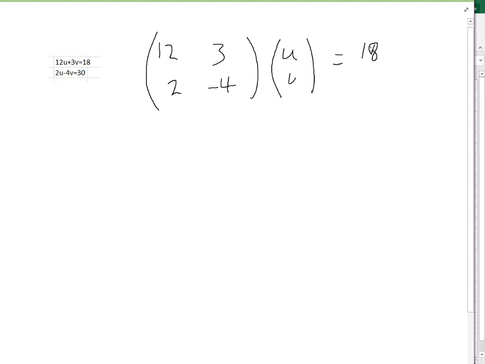So to solve this, let's do the first one by a matrix method. So you might have 12, 3, and 2, minus 4, by the inverse matrix method, must be equal to 18, 30, like so.